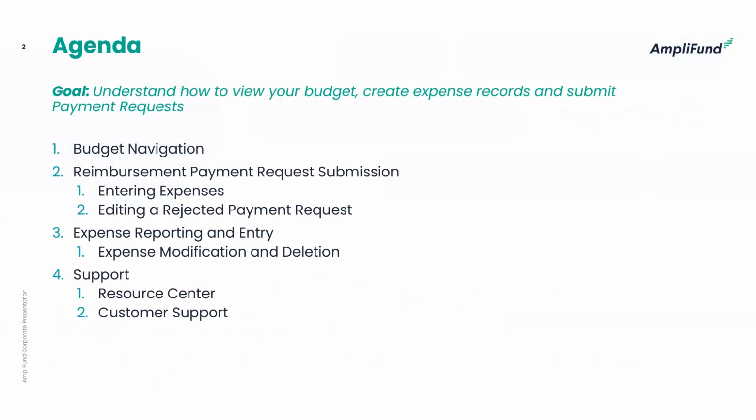So today, we're going to take a look at how to do all those things, in addition to being able to edit and resubmit any payment requests that may be rejected. At the end, we will have some time for any questions. Also want to point out a couple of things in terms of the AmpliFund Resource Center and our customer support site. I really only have one slide that I wanted to go through before we dive into the demonstration today.